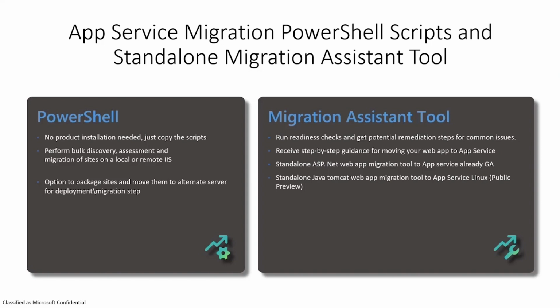You can also perform bulk discovery, assessment, and migration using the PowerShell script, but remember, it is only for a single IIS server. From a functionality perspective and behind the scenes, the logic for the different evaluations remains the same. What differs here is the scope.